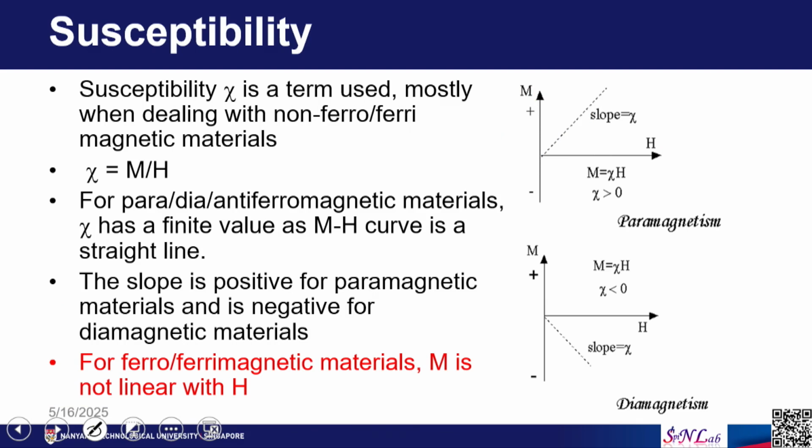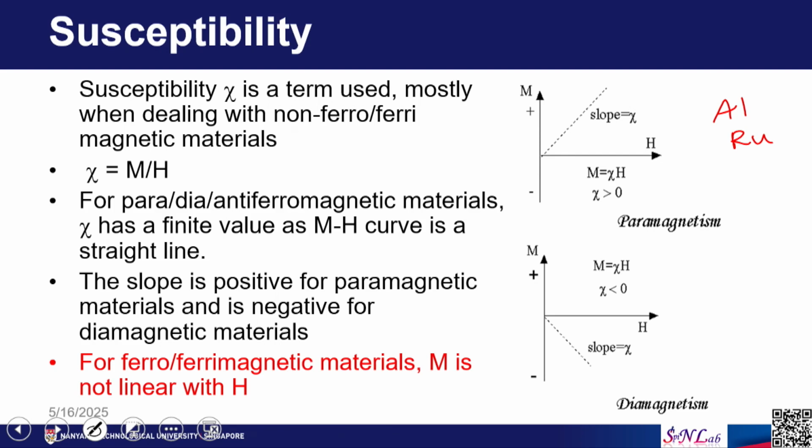So, this is the typical behavior of paramagnetic materials. Materials like aluminum and ruthenium are all paramagnetic materials. They will show a positive slope of the MH curve.